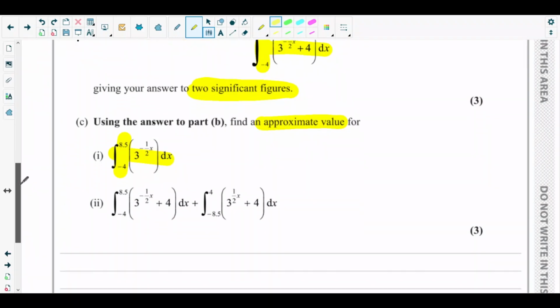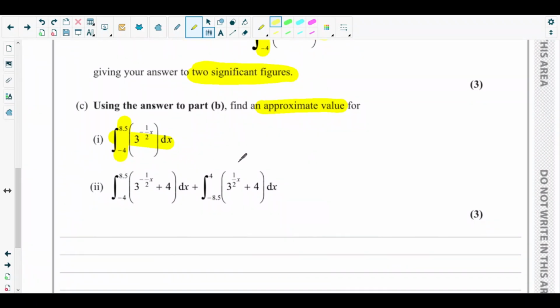In the first term the power is negative half x, but in the second it is half of x, and at the same time the limits have been reversed. That means it has been balanced out.